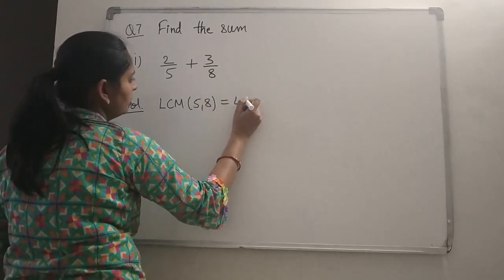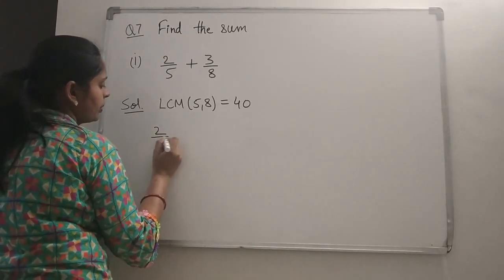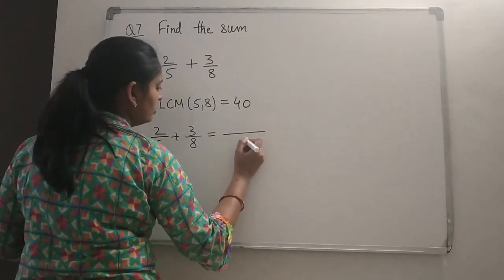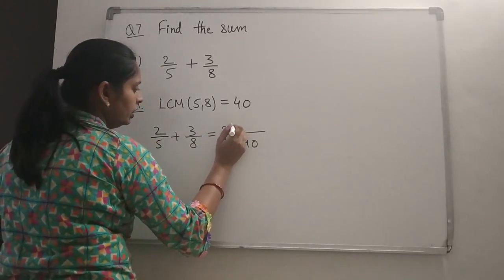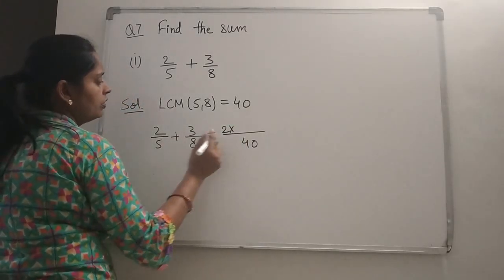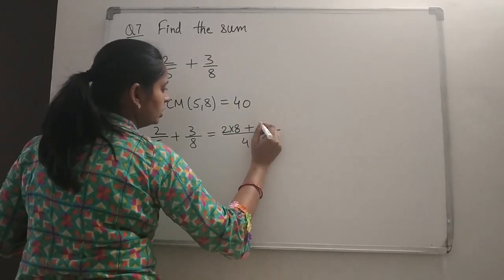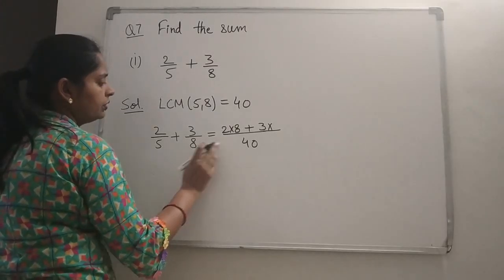5 8s are 40. So 2 upon 5 plus 3 upon 8 will be equal to, LCM we got as 40. So into what we need to multiply? See, 5 8s are 40, so we have to multiply it by 8. Fine. Plus 3 upon 8, what we need to multiply? 8 5s are 40.